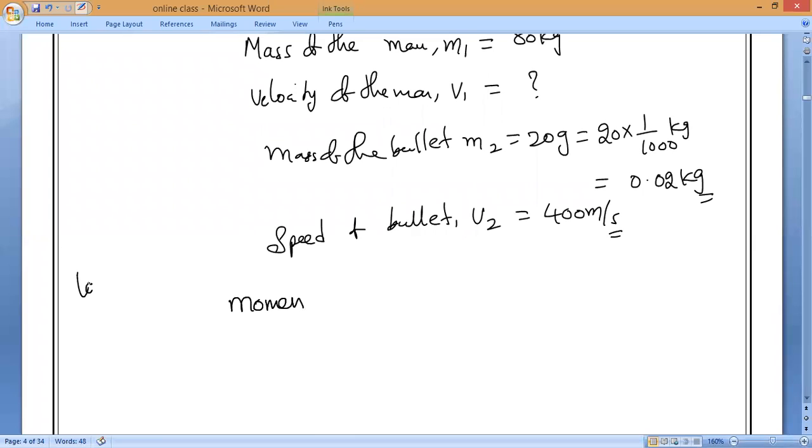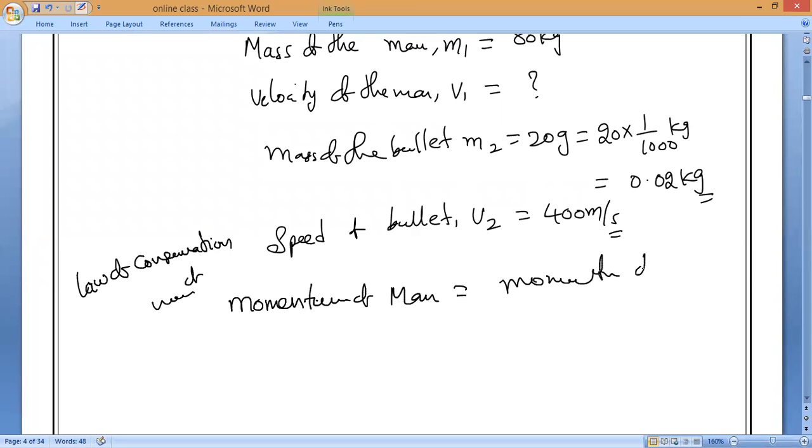According to the law of conservation of momentum, momentum of man is equal to momentum of bullet. That's all. So momentum of man, what is the formula, everyone?